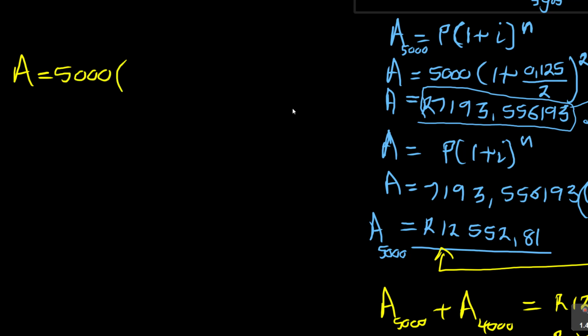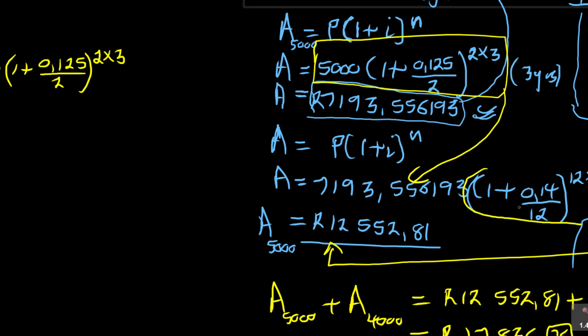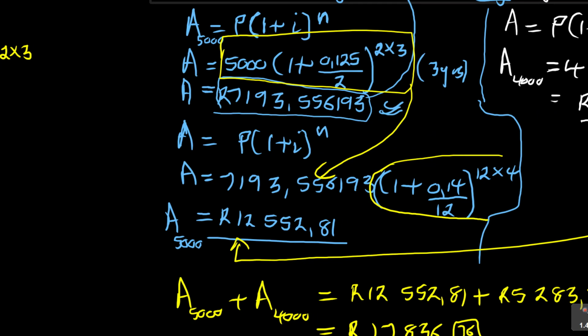You put a bracket and then you write that part, which is 1 plus 0,125 over 2 to the power 2 times 3. This is the part I'm writing, this one here. Remember, we took this amount, this became that amount, and then we added this part.